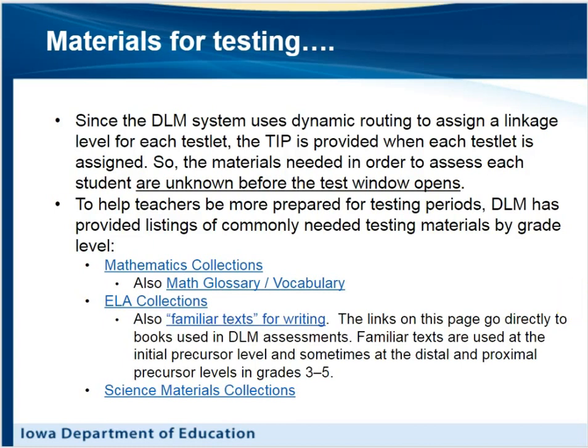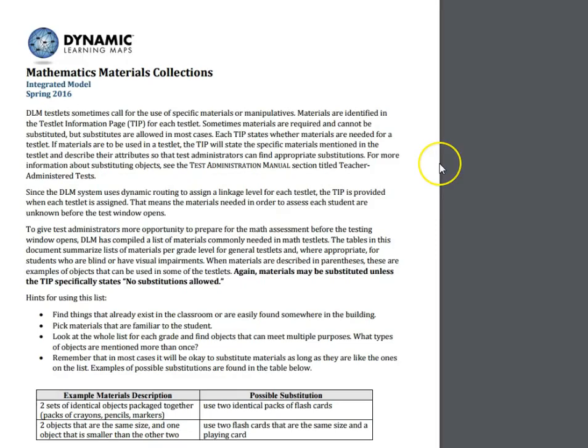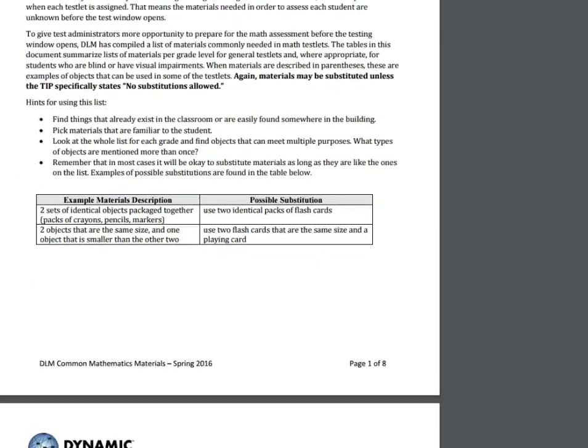To help teachers be more prepared, or to get a sense of some of the materials they might need, DLM has provided a listing of some commonly needed testing materials. So we can look at a few of these here. I've just linked to the mathematics collection materials, and these items will be linked in the Agora materials. But what you're seeing here from the DLM site was actually the materials list for spring of 2016. These will be updated as necessary. But if we scroll through, you'll kind of get a sense.